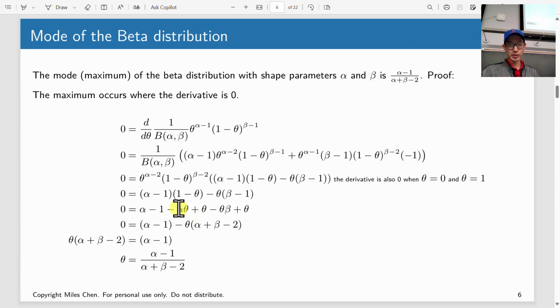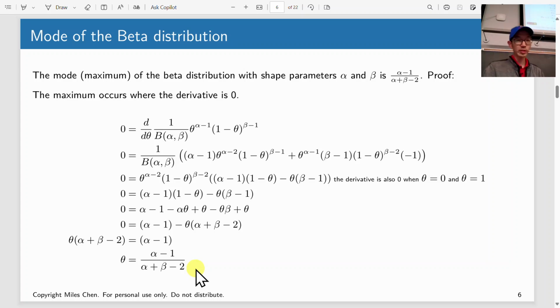All of these ones have a theta in common, and these ones do not, so we'll have alpha minus 1 minus theta times this quantity, and again we're solving for theta, so I'll bring this over here, and then we can say theta is equal to alpha minus 1 divided by alpha plus beta minus 2. So this would be where the mode is, where the derivative with respect to theta is equal to 0. So that would be where our peak is.